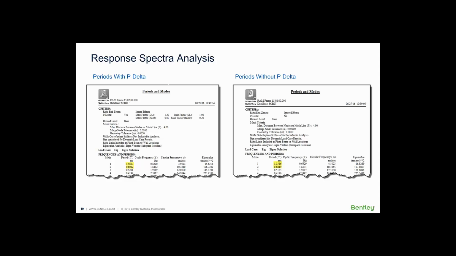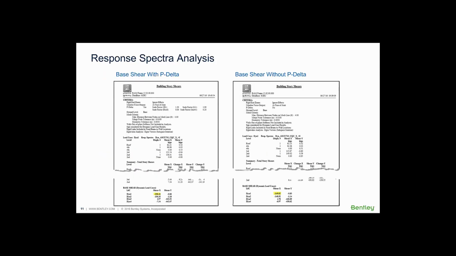And so let's take a look and see what impact that has on the base shear, for example, that's given by a response spectra analysis. So here we see the base shear with P delta turned on and base shear without P delta turned on for a response spectra load case.